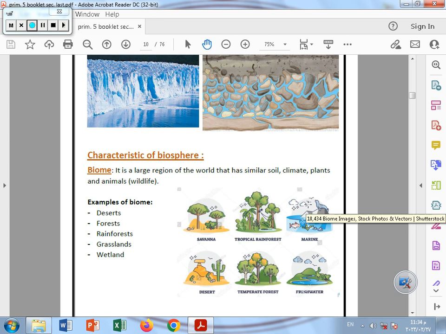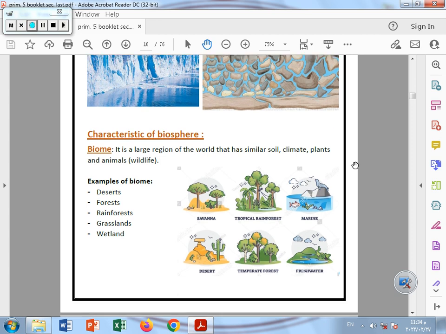Let's move to some characters of the biosphere. We have a different concept related to the biosphere, and that's called the biome. A biome is a large region or area of the world that has similar soil, climate, plants and animals. So if a place has the same soil, climate, plants and animals as another place, they together form one biome.